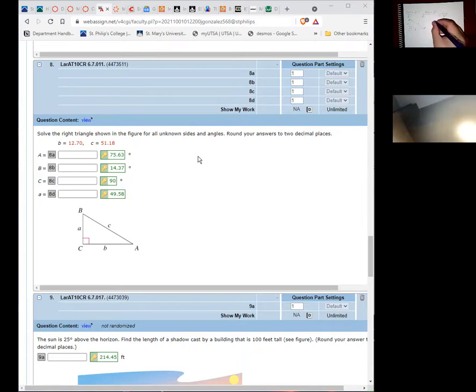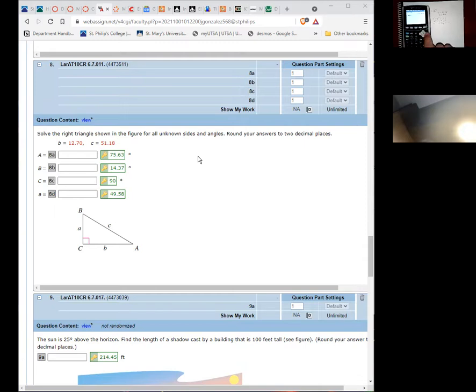So I know that a squared plus b squared is equal to c squared. I don't have a. So if I solve for a squared, it would be equal to c squared minus b squared, which means that a is equal to the square root of c squared minus b squared. So 50.18. Did they say what to round to? Two decimal places.